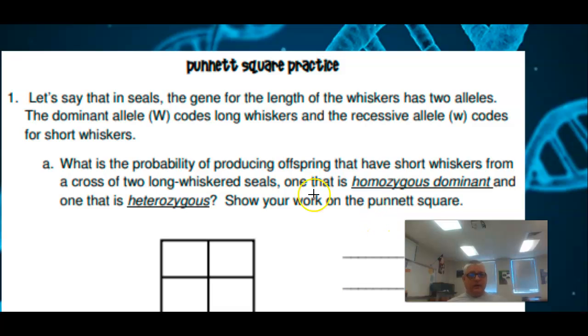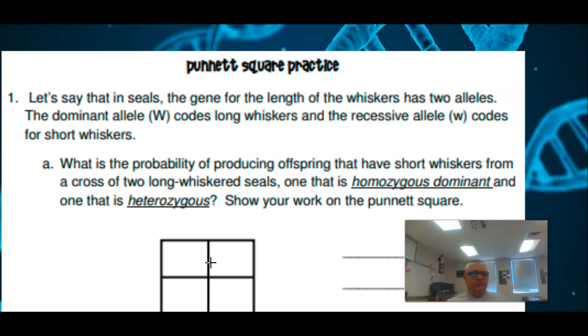So what we have to look at first of all, it tells us on this one what's dominant and what's recessive. On the next example, it won't say what's dominant and what's recessive. So here we go. What is the probability? You have to understand that this Punnett square shows you the probability of what could take place.